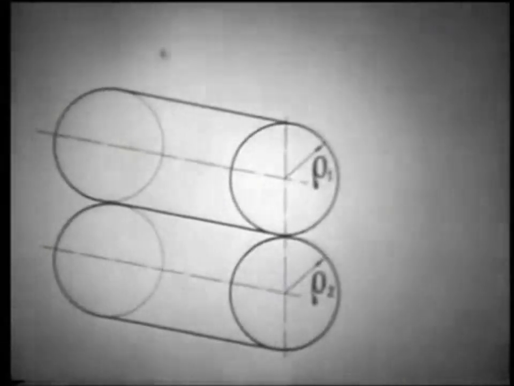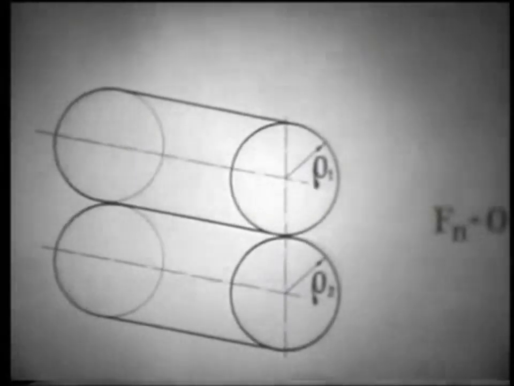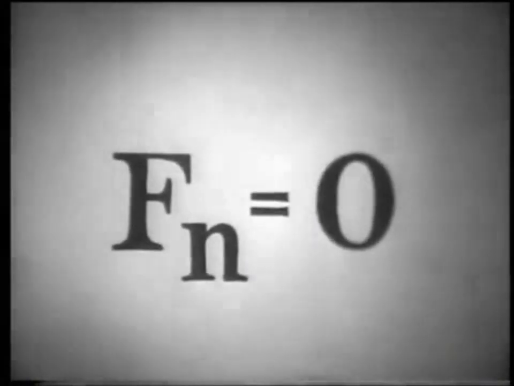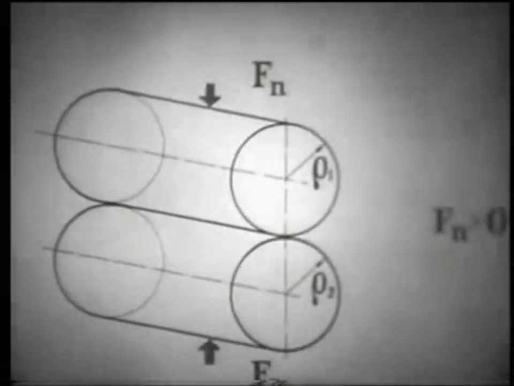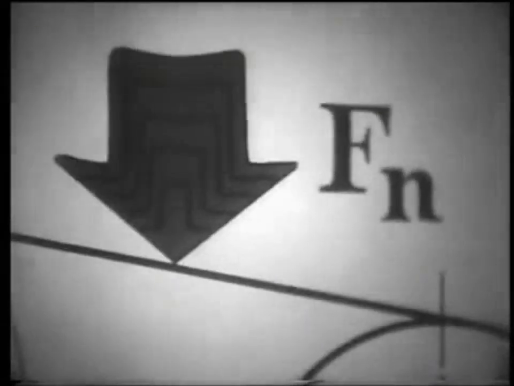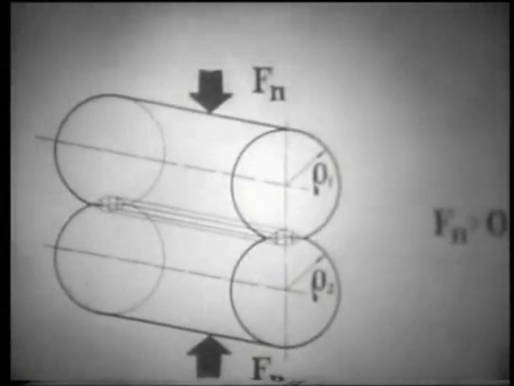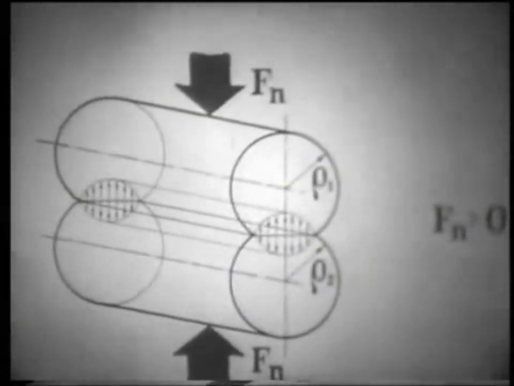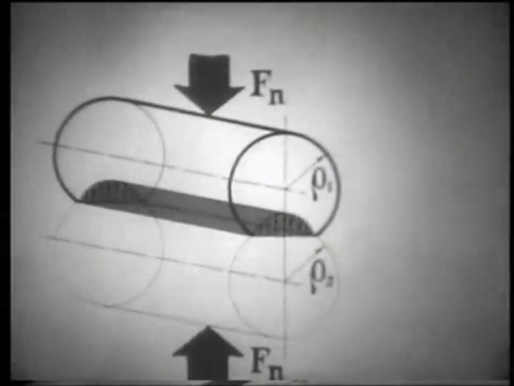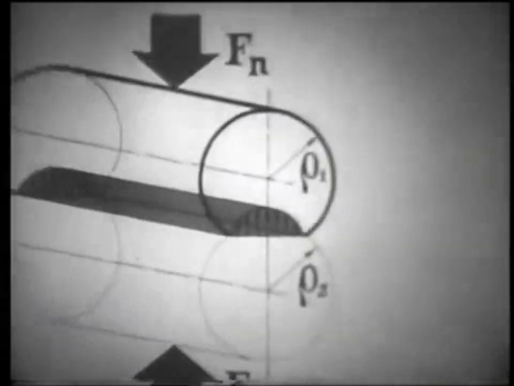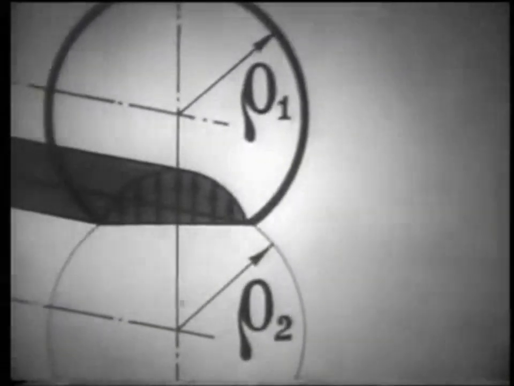The roller analogy will explain how contact stresses arise. In the absence of external forces, the rollers contact along a line. We apply the force Fn. The rollers are deformed, and an elastic contact patch is formed. There are stresses in the contact.